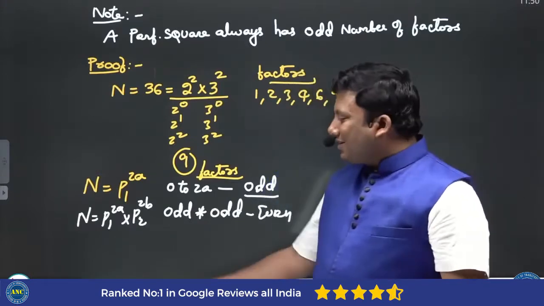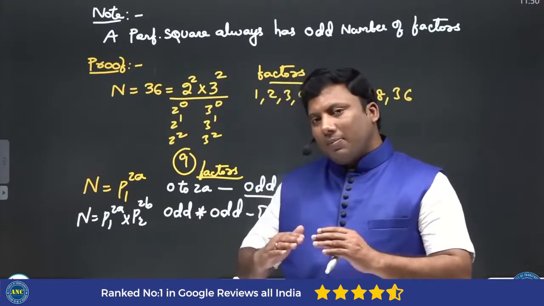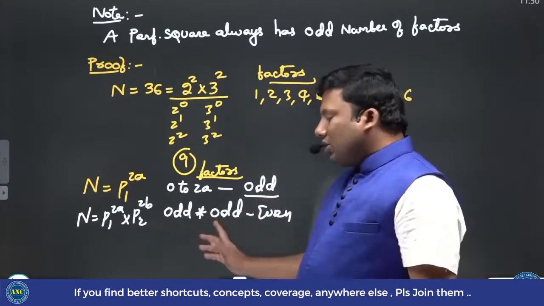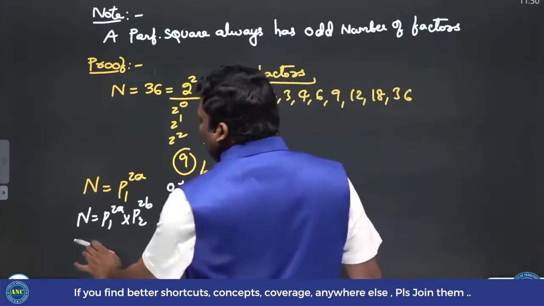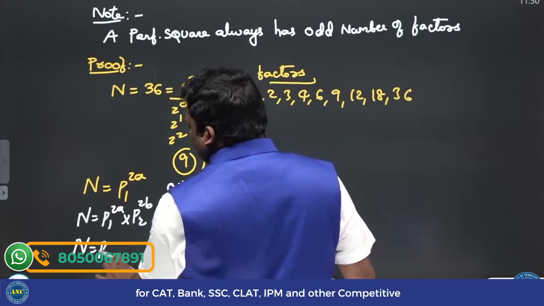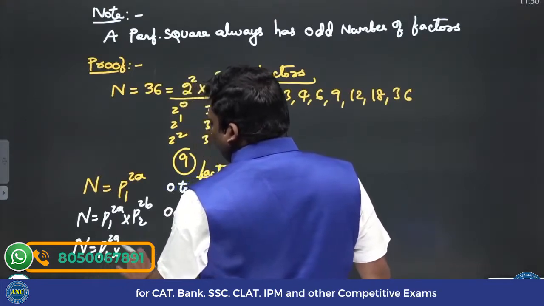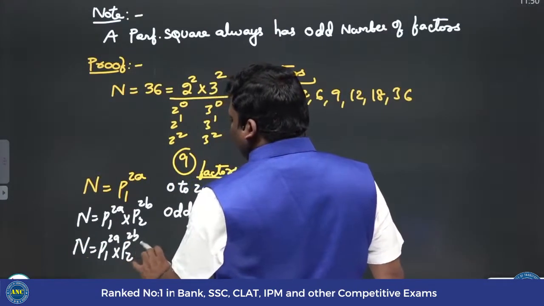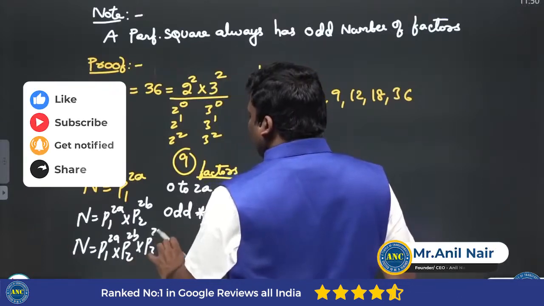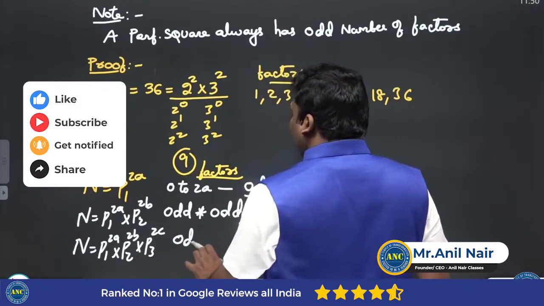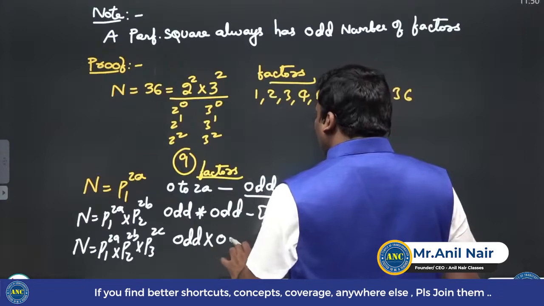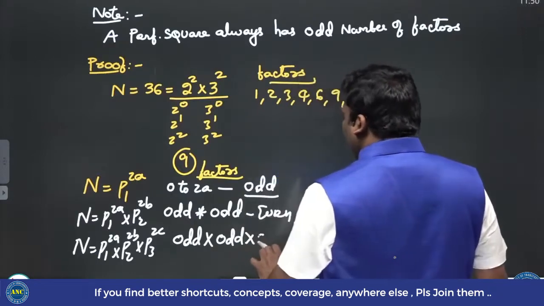I hope the idea is clear. If the power is an even number, 0 to even is odd. Similarly, if there are 3 prime bases, P1 power 2a, P2 power 2b, P3 power 2c, each gives 0 to even, odd.